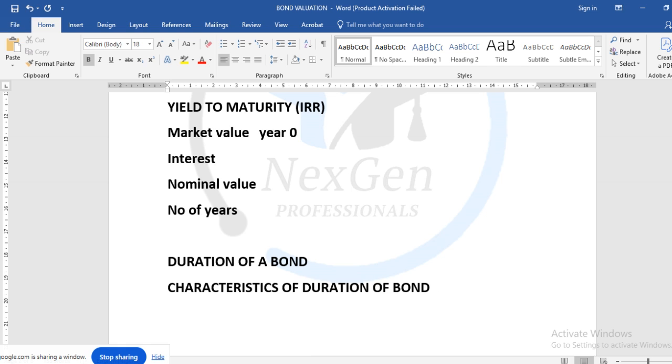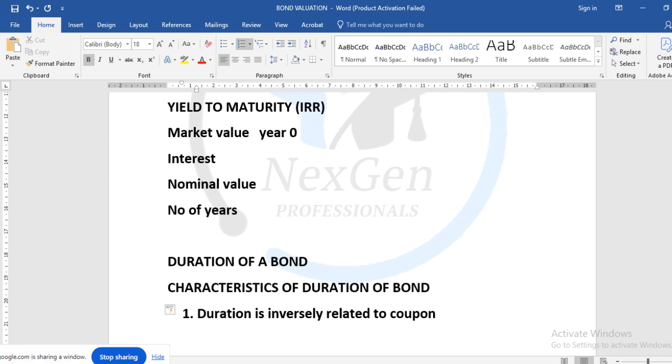One: duration is inversely related to coupon. Please don't forget that I said I don't have notes on valuation of a business.